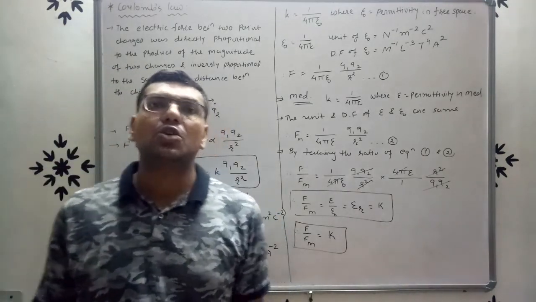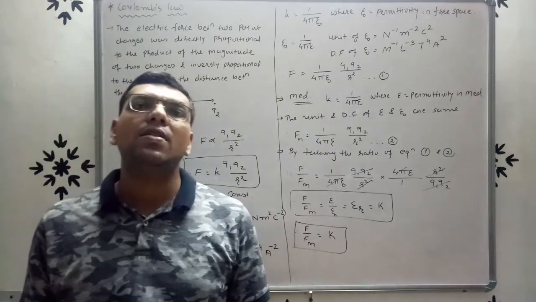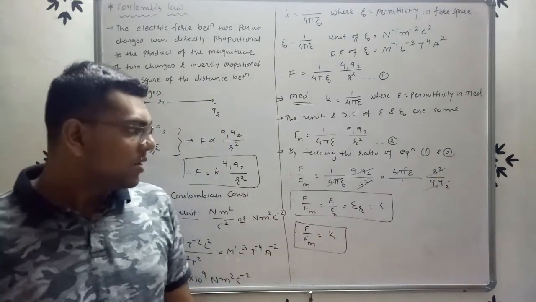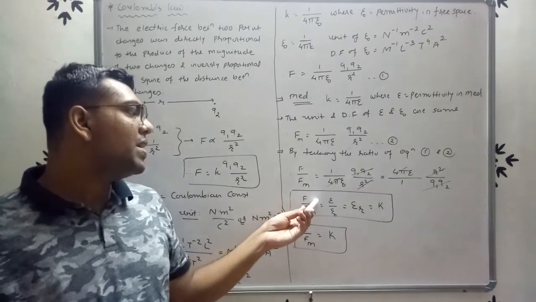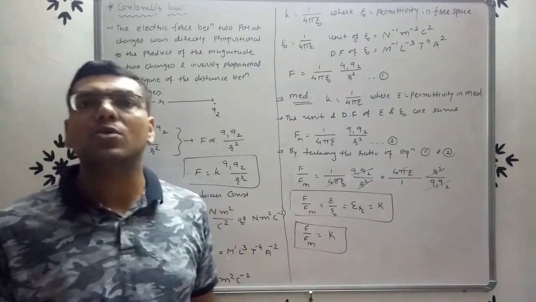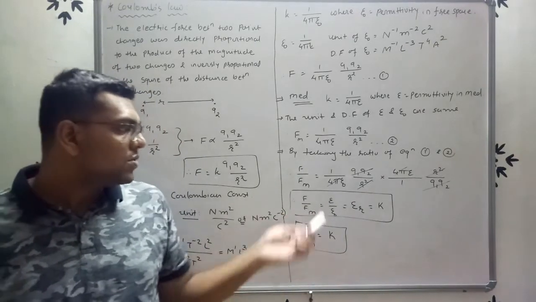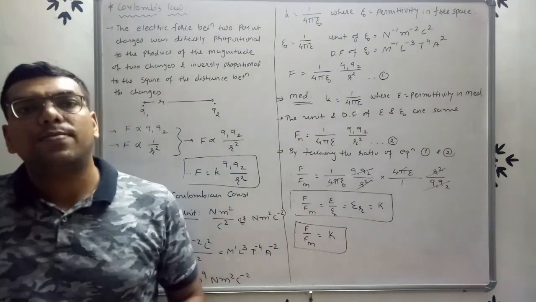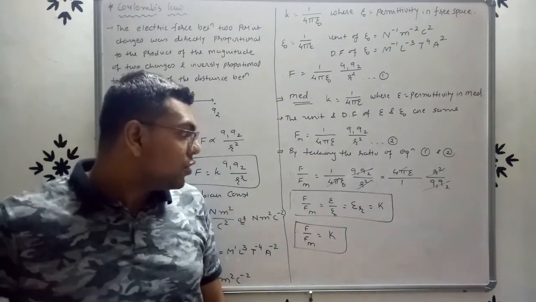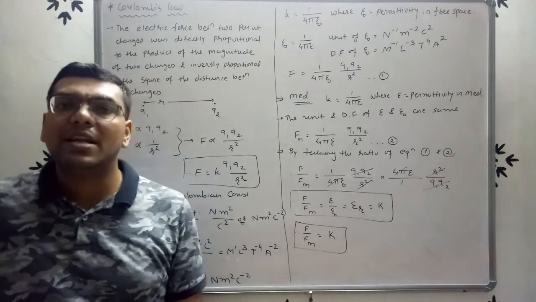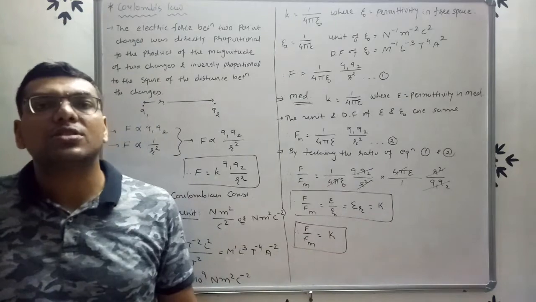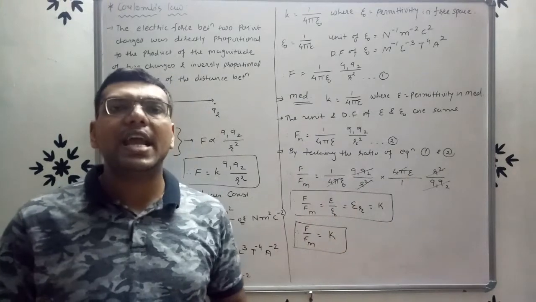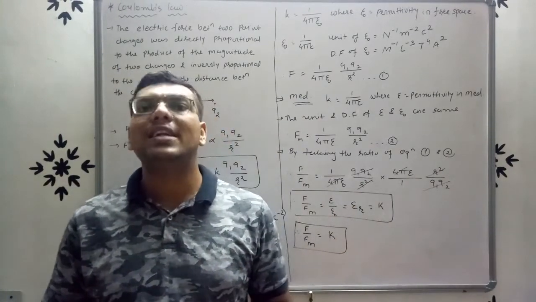Suppose I ask you what is the unit and dimensional formula of relative permittivity. Here in numerator and denominator there is a force, so the units are the same and the unit cancels. So if anybody asks you what is the unit of relative permittivity or dielectric constant, you simply say they are unitless.